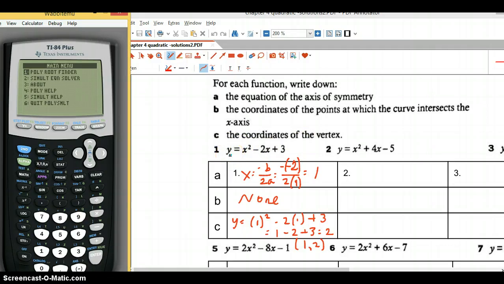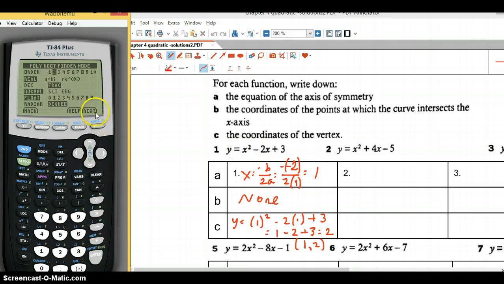Well, there's a tool on your calculator inside your apps, PlySmlt, which we used at the end of last year. If you open up apps and go into PlySmlt and choose poly root finder, we've already used simultaneous equation solver last year, but now we're going to use poly root finder, which is number 1. And then we say the order of the equation is 2 because the highest exponent is 2.